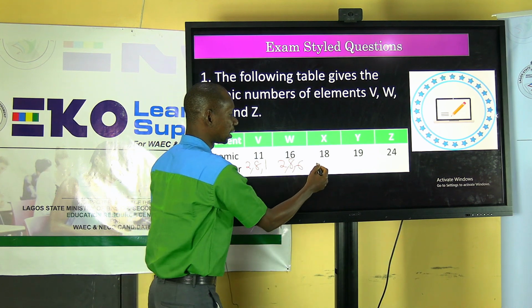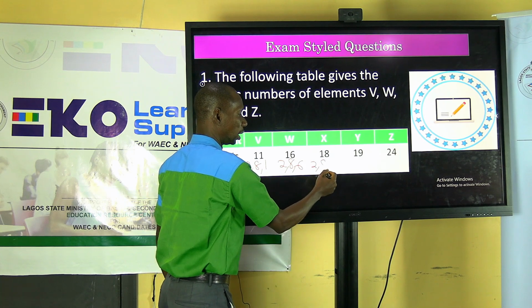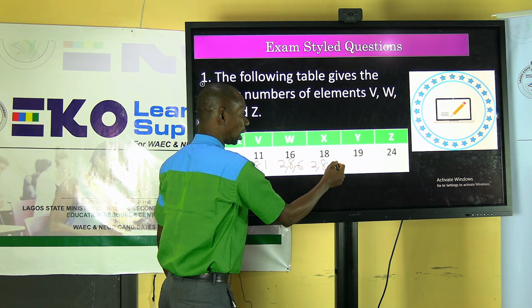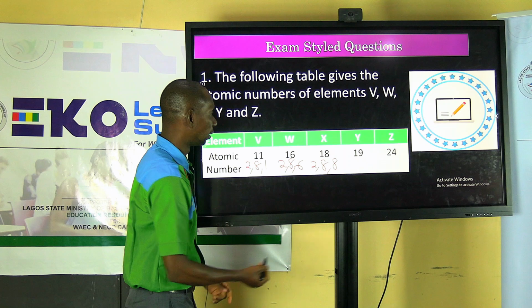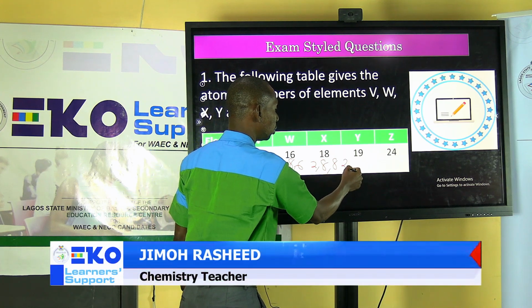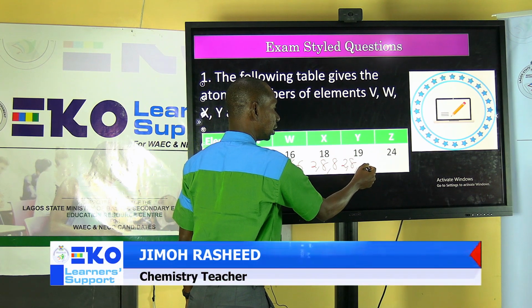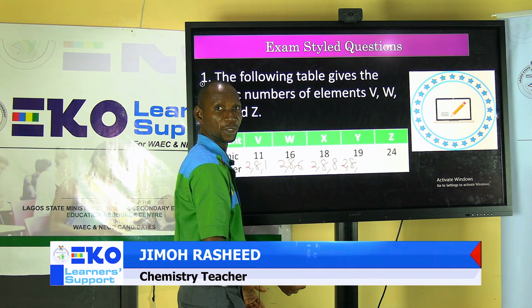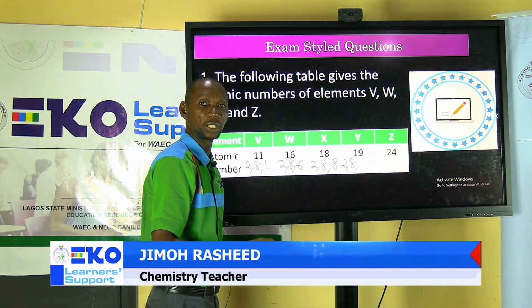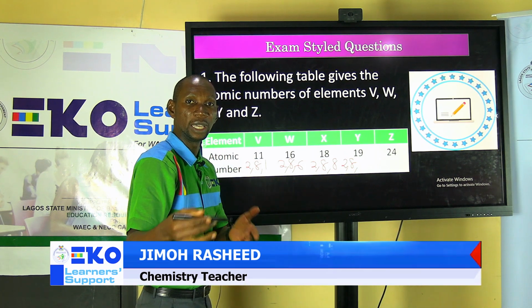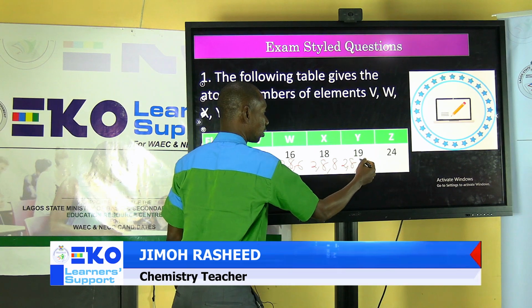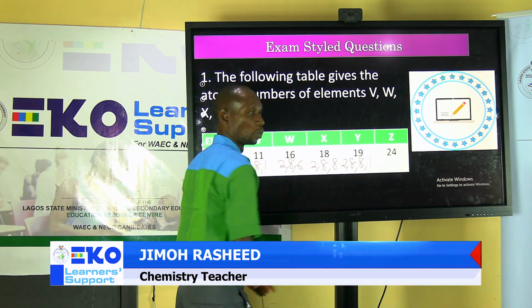Okay? For X, that will be what? 2, 8. This is already 10. And what? 8. For Y, that will be 2, 8. Did you say 9? No. Because apart from the first shell, other shells can contain a maximum of 8 electrons. So that will be 8 and then 1.